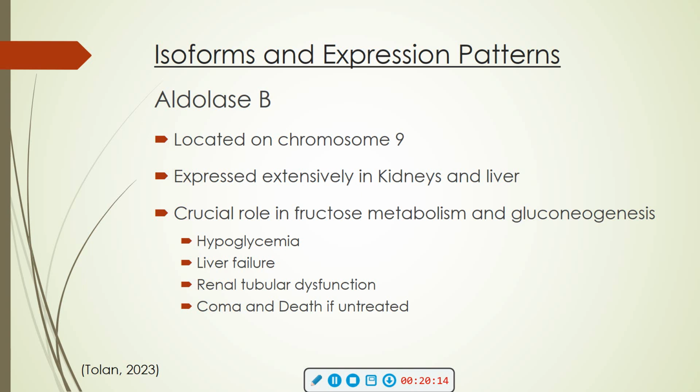And if it can't do that, those are people that can suffer from hypoglycemia. If it's not working properly, that means that they could suffer from liver failure. The kidneys will have some kind of dysfunction. It could even put the body into a state of shock, and you can go into coma and even die if this is not treated. Your body must have glucose. It must have that energy to function.